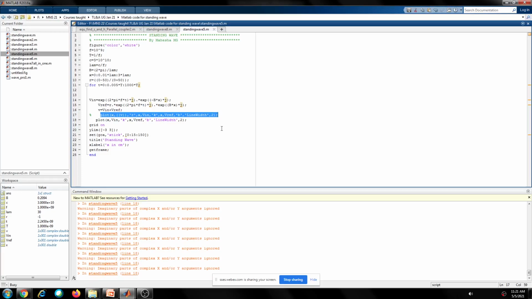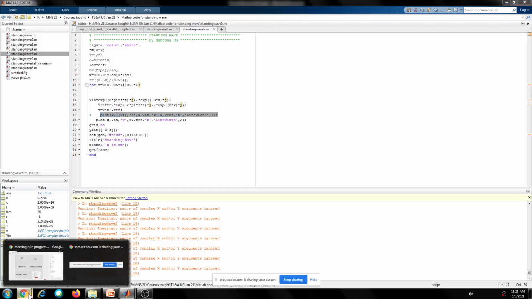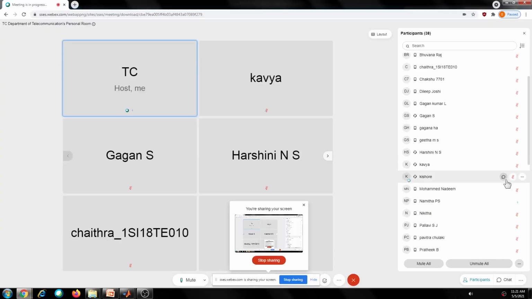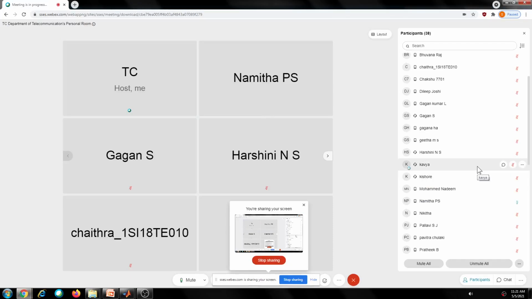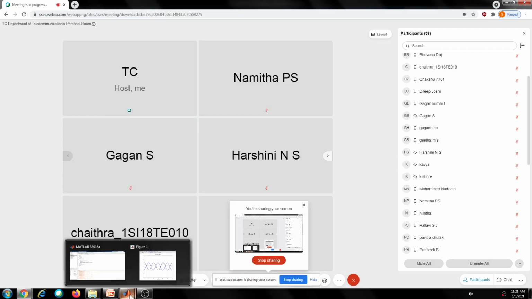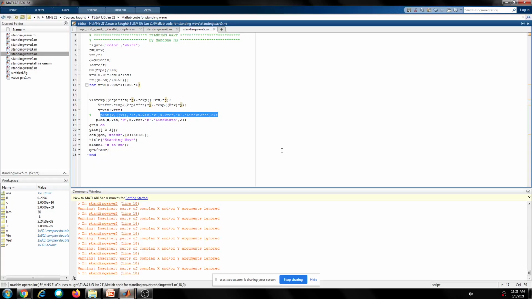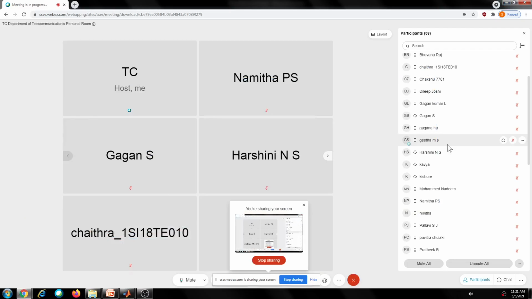Can you see this code? Hello? Kishore? Namita? Is it visible? Geeta?